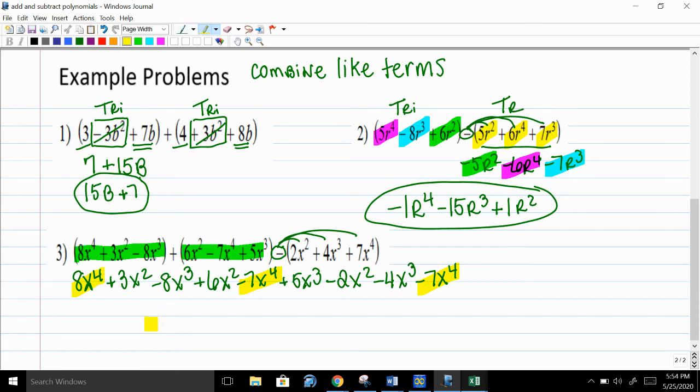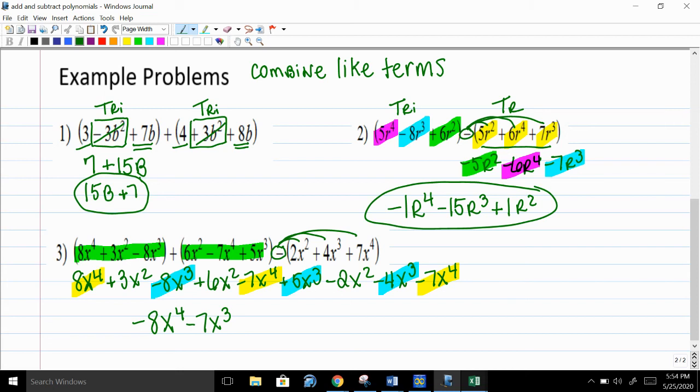So I have negative 8x to the fourth. Okay, now let's go to the x to the thirds. Negative 8x to the third plus 5x to the third minus 4x to the third. Negative 8 plus 5, that's negative 3. Negative 3 minus 4, that's negative 7x to the third.